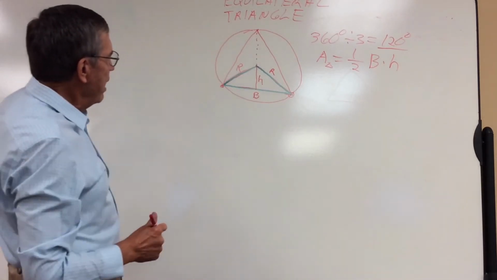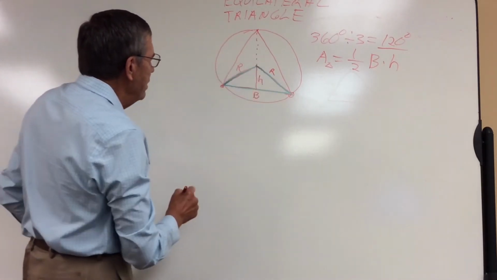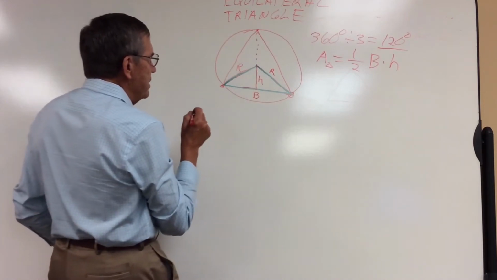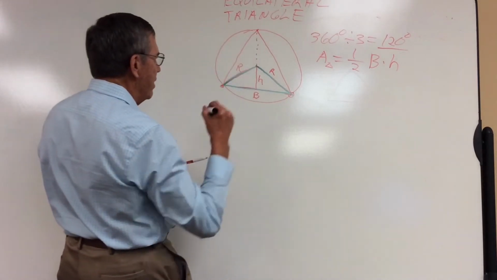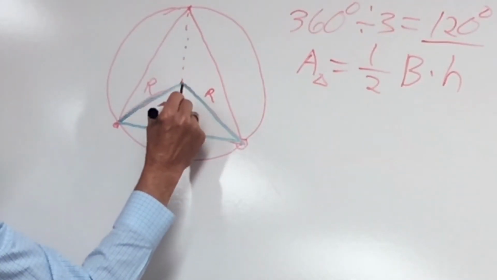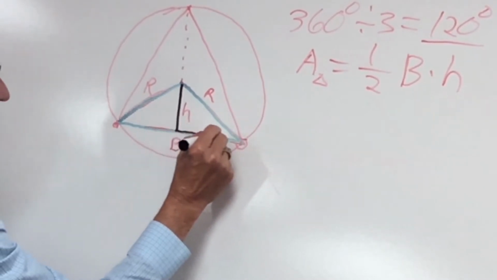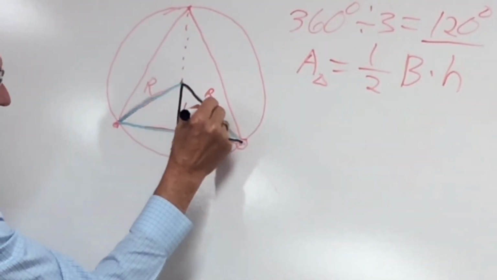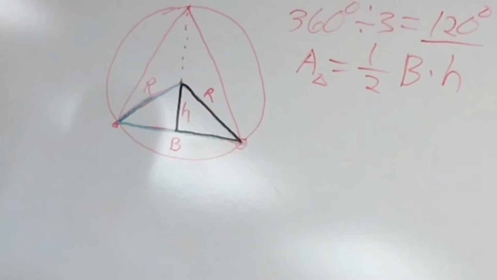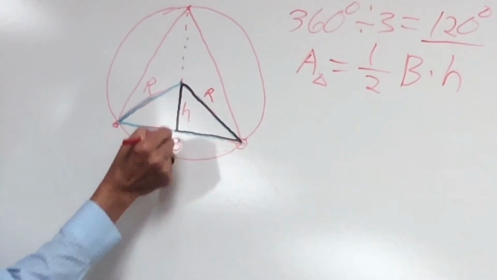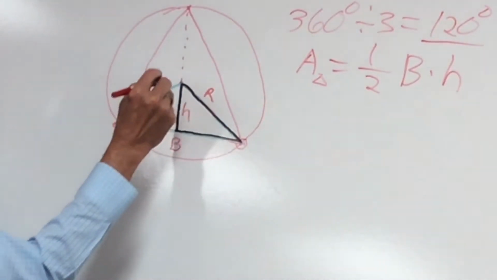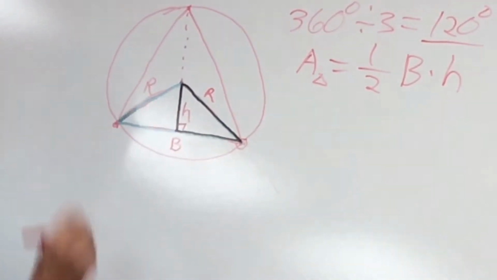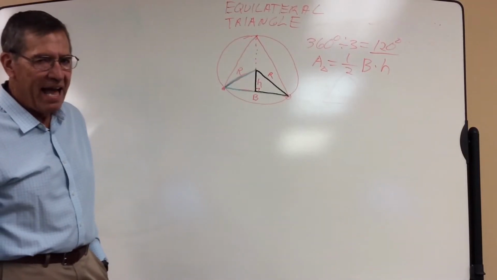Okay, so how do we deal with this triangle here? Well, it's easier for us if we focus on 1/2 of that triangle. So I'm going to put black there. Now, when I drop this altitude or height down to the base, I drop it in such a way that I form a right angle there.